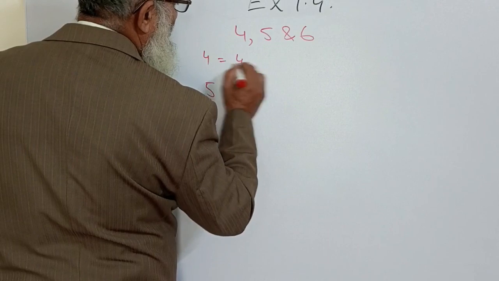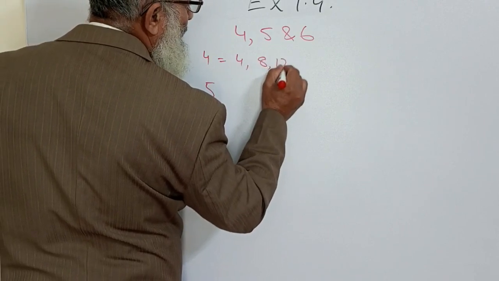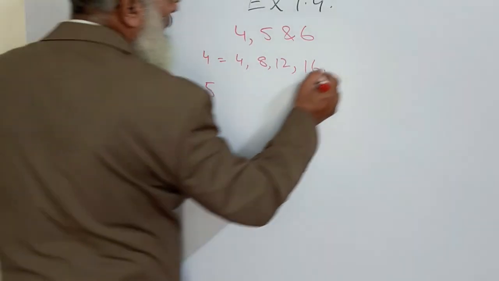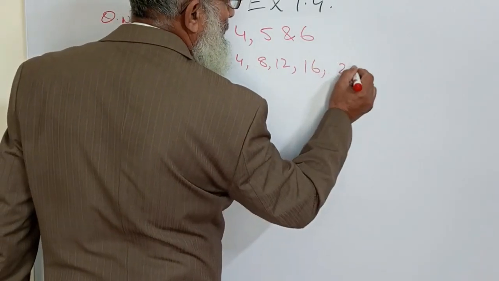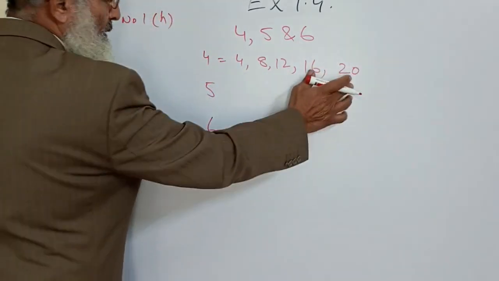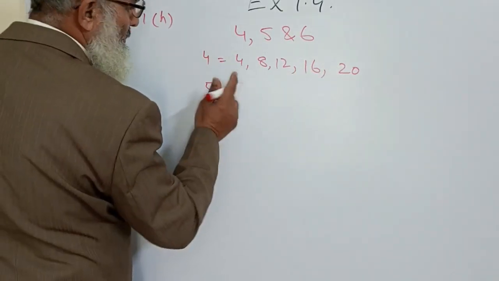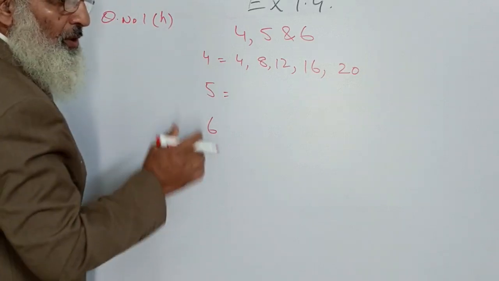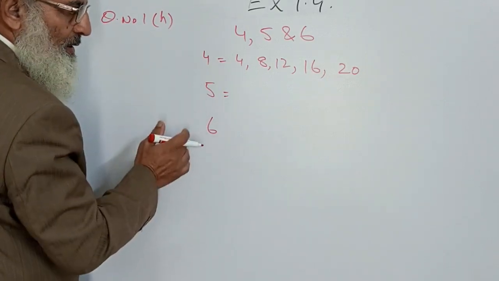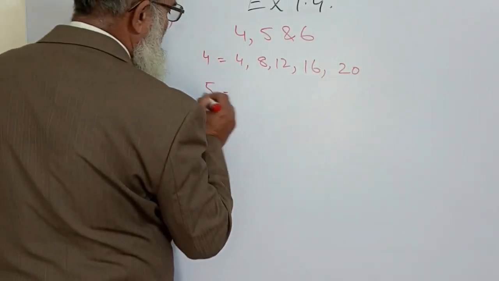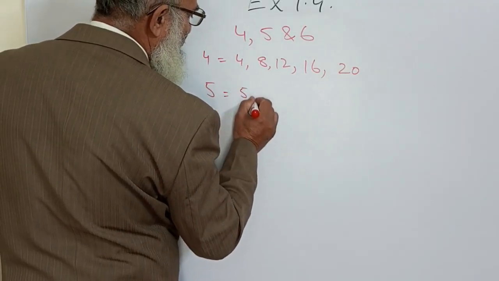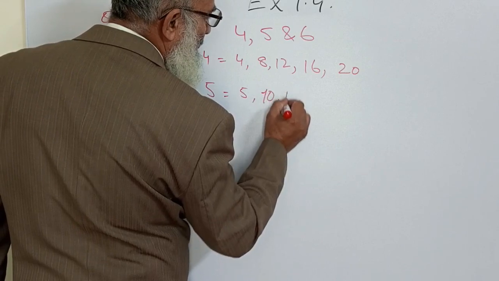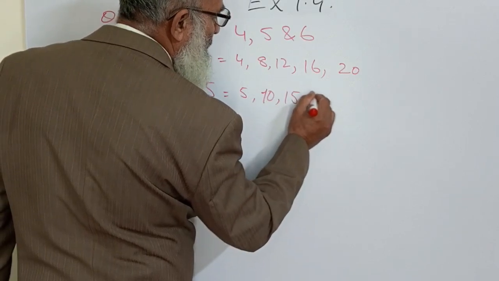4, 8, 12, 16, 20. I stop here. I just check whether I come to a common multiple amongst these three numbers or not. 5 ones are 5, 5 twos are 10, 15, 20, 25.